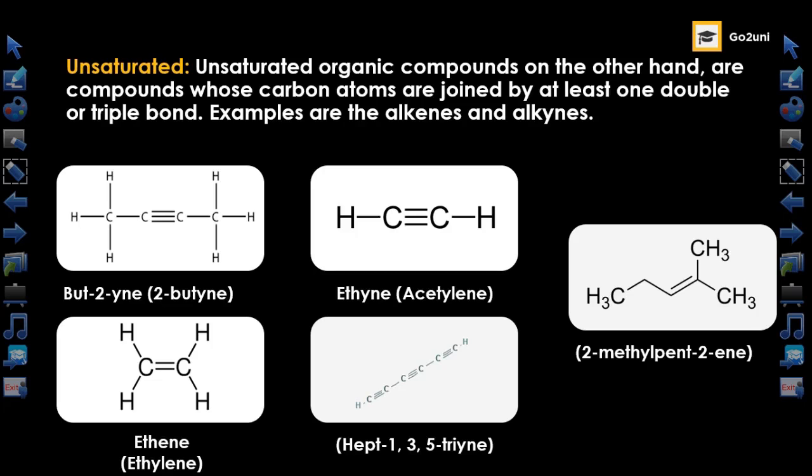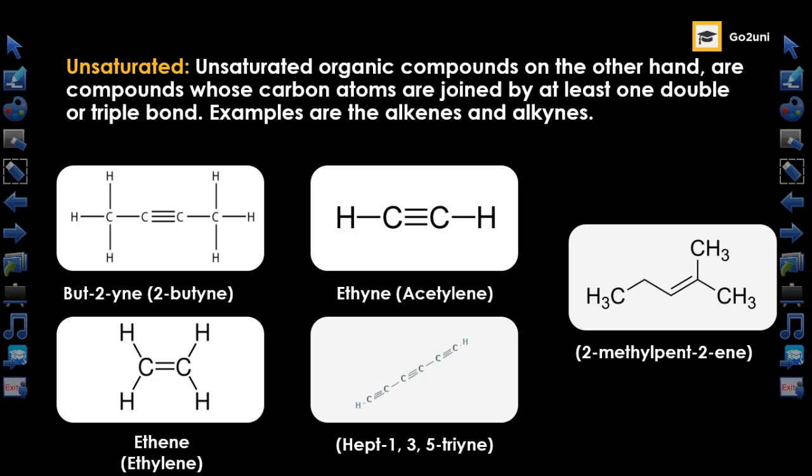We have 2-methylpentene, hepta-1,3,5-triene, and lastly, ethene or ethylene. These are all examples of unsaturated compounds. Why?